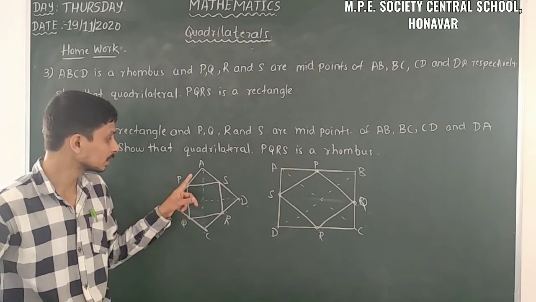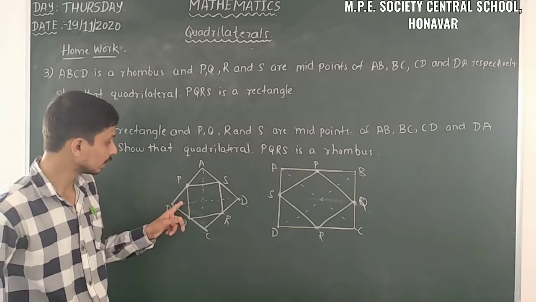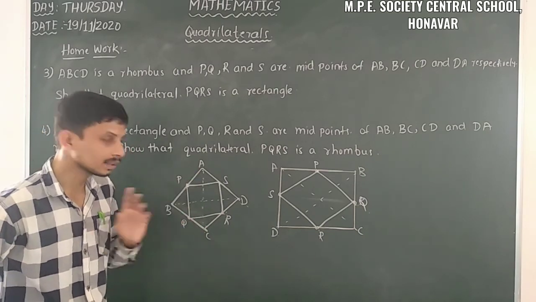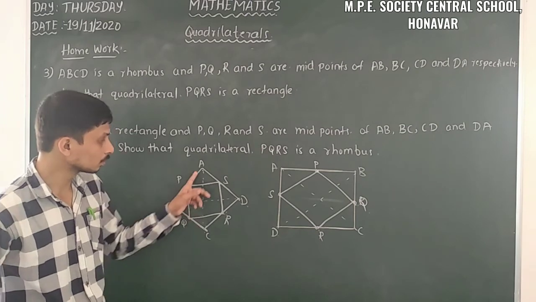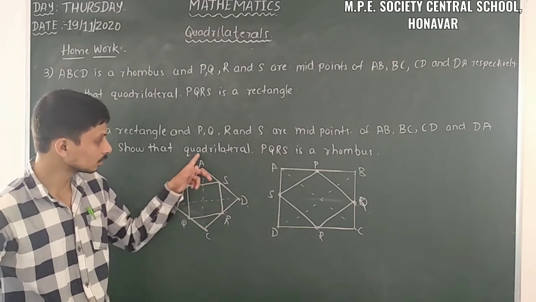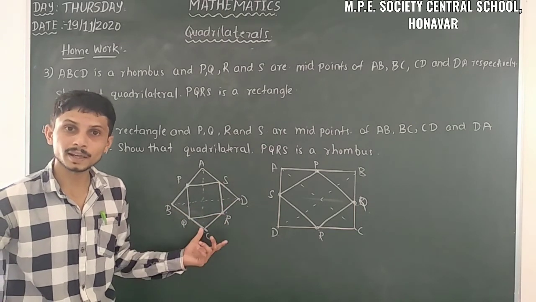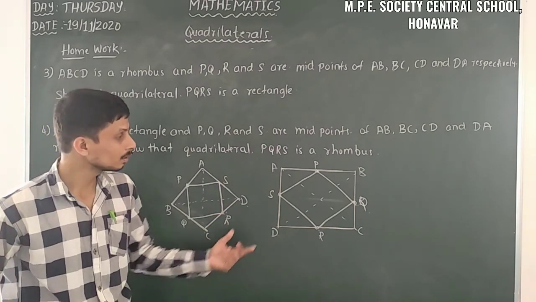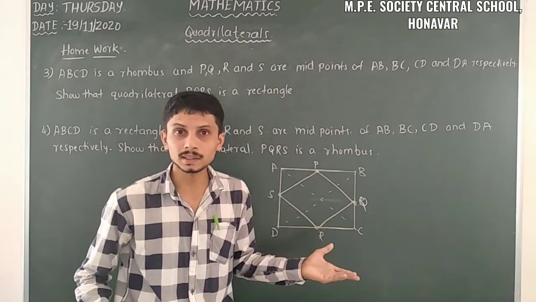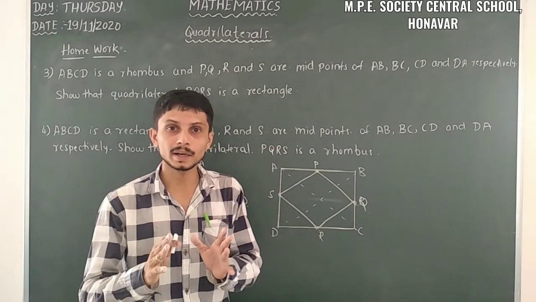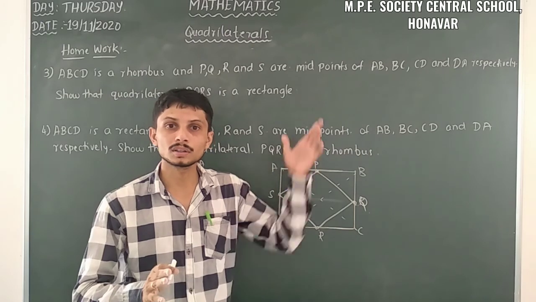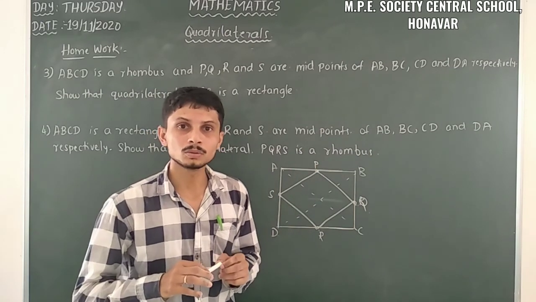So from those two, PS is equal to QR. From the diagonal AC we have PQ is equal to half into AC, RS is equal to half into AC, so these two are equal. From a rectangle the opposite sides are equal. From a rhombus all the sides are equal. So keep that in mind, and you have to solve this problem.